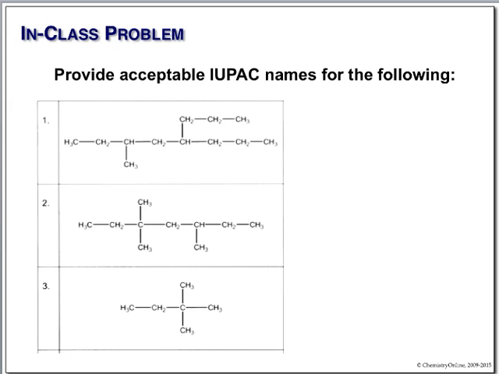Very, very simple nomenclature, isn't it? We look at our first compound here, we have 1, 2, 3, 4, 5, 6, 7, 8 carbons in our chain. So it's going to be an octane, right? We need to decide which end of the chain we're going to make carbon 1. If we start down here, our first substituent would be in carbon 3.